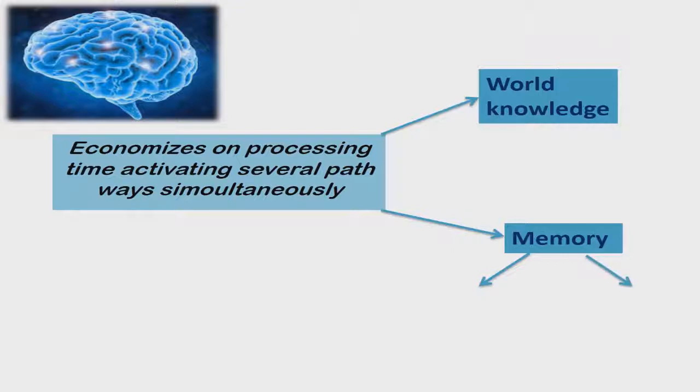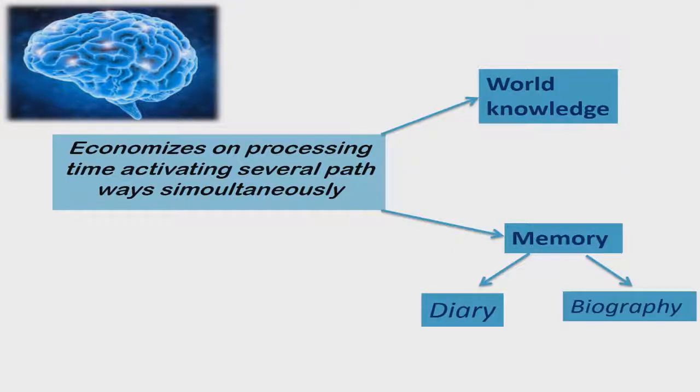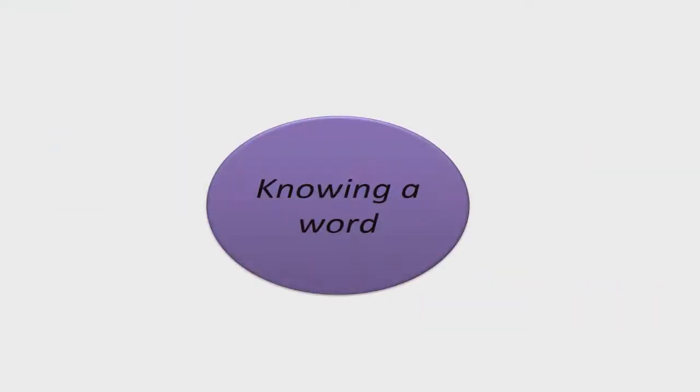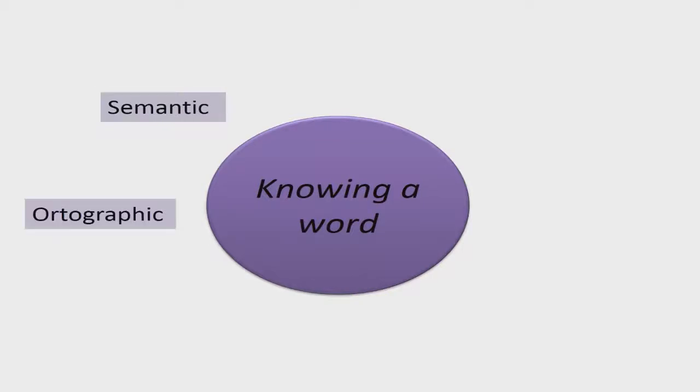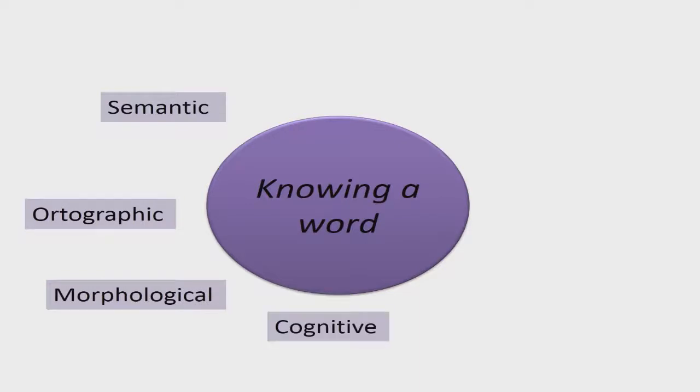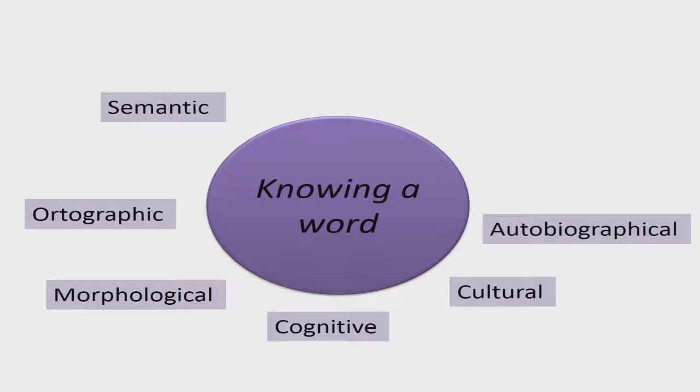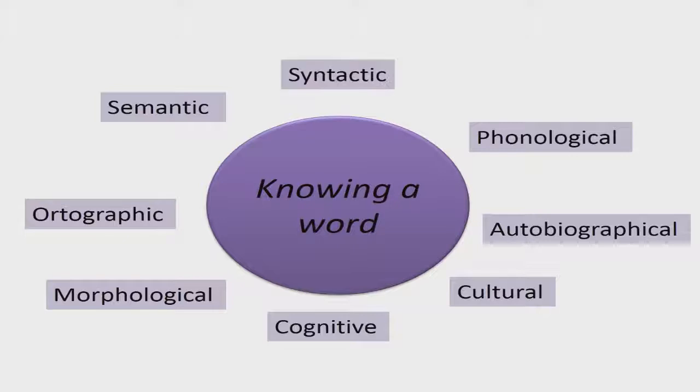So, the activation of a word can trigger personal experiences as well as general knowledge far beyond a simple dictionary meaning of words. So, in conclusion, we can assert that knowing a word involves the compilation of semantic, syntactic, phonological, orthographical, morphological, cognitive, cultural, and autobiographical connections.